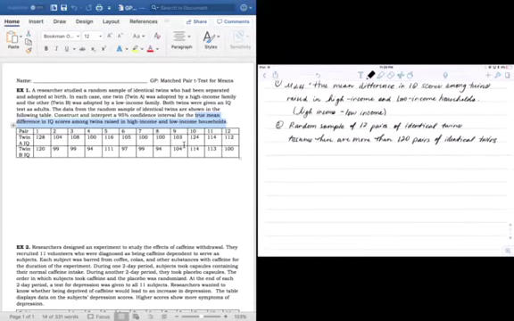Now be very specific here. Identical twins where one is raised in a high income household and the other in a low income household.